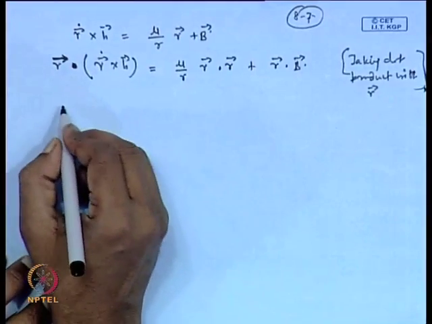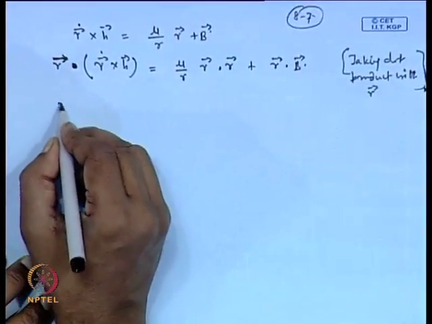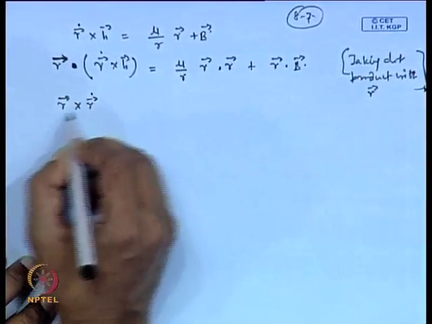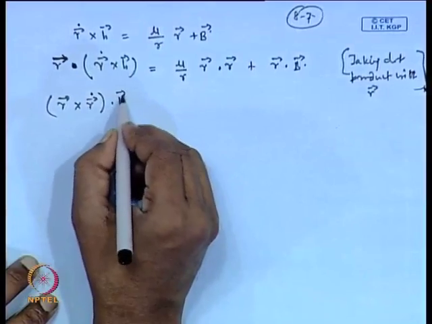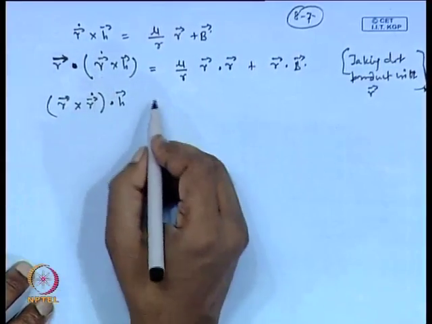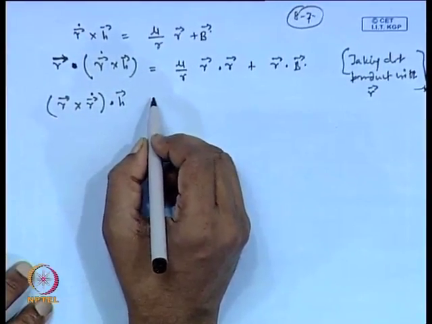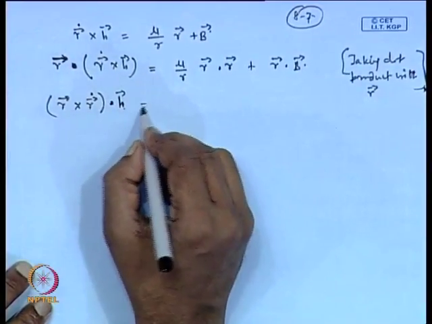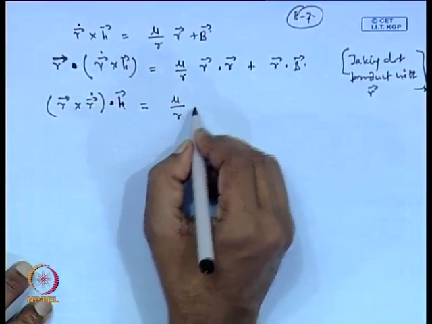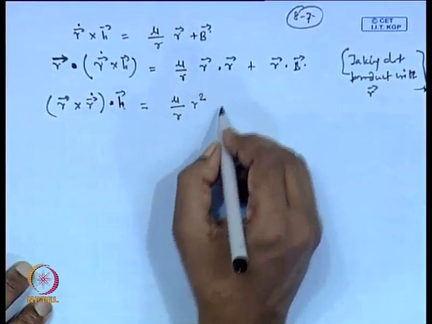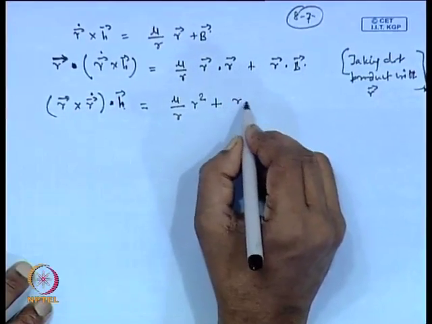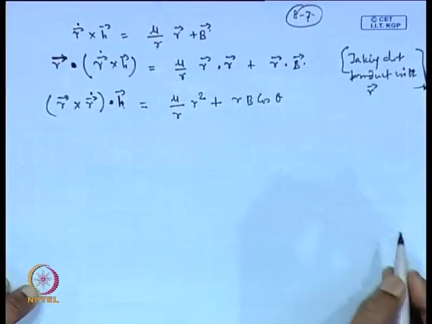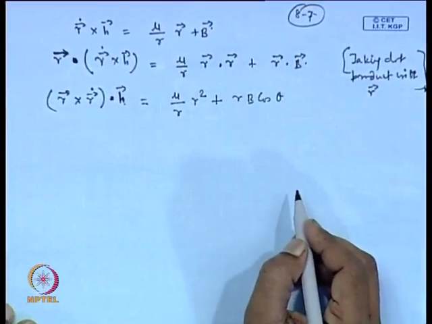So, here r dot times r dot cross h. We can write it another way: this will be r cross r dot, exchanging the dot and the cross. This is the property of the vector product. So, on the right hand side we have mu by r times r square, that is r dot square, and b dot r, which we can write as r b cos theta, where theta is the angle between r and b.